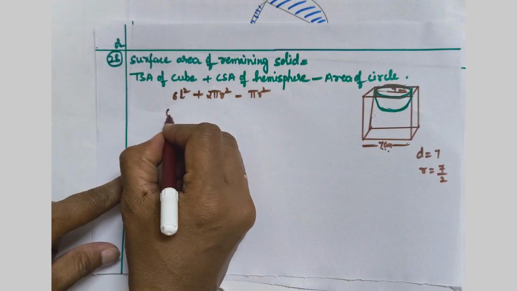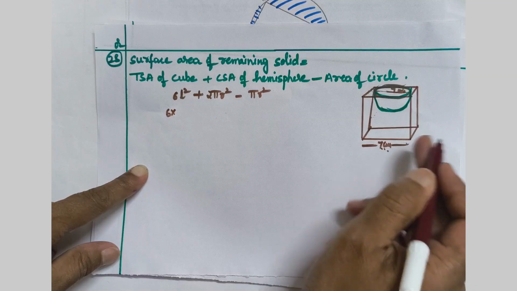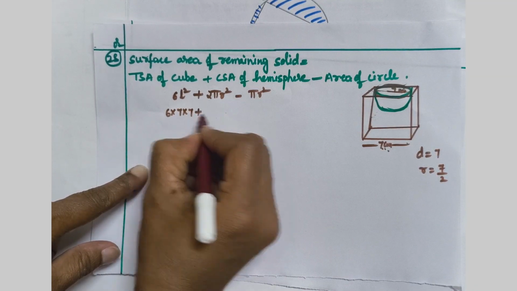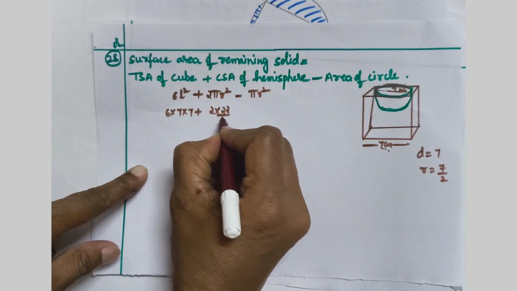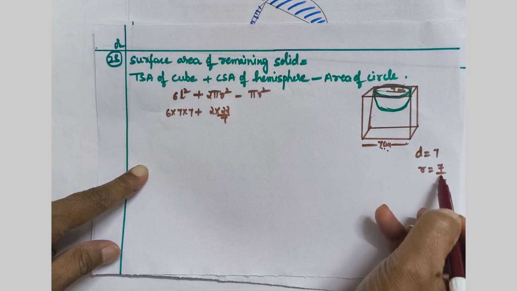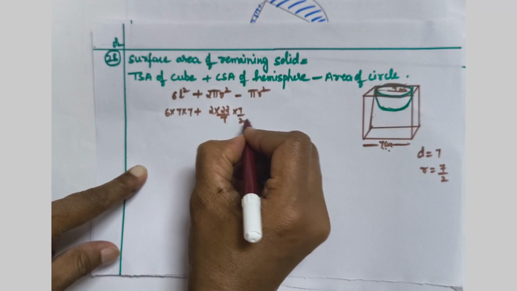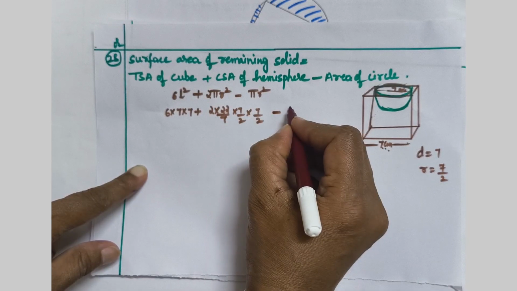Now apply them and you will get the answer. See, 6 into the length of the cube. The first one is a cube. Length of the cube, how much is there? 7. So 7 into 7, plus 2 into pi value 22 by 7. This is the hemisphere. Hemisphere diameter 7, so radius is 7 by 2 into 7 by 2 into 7 by 2, minus the third one, the circle, pi r square.